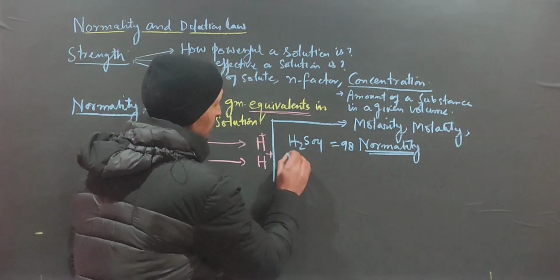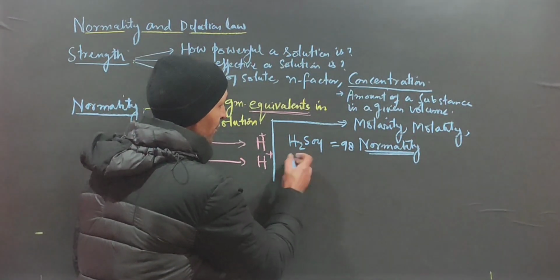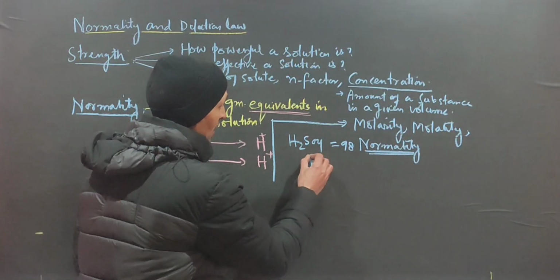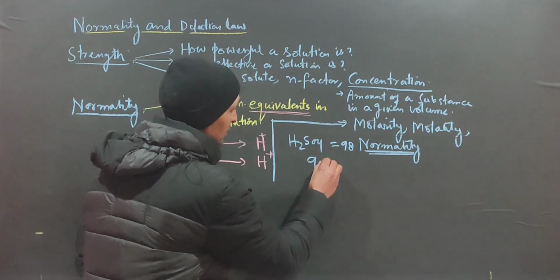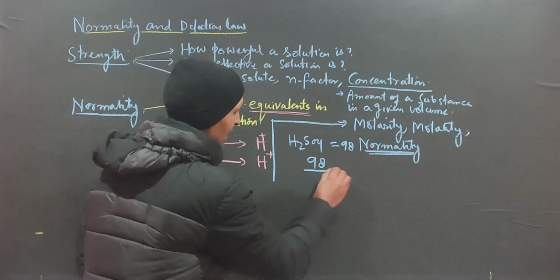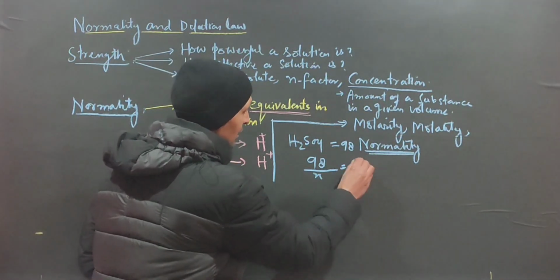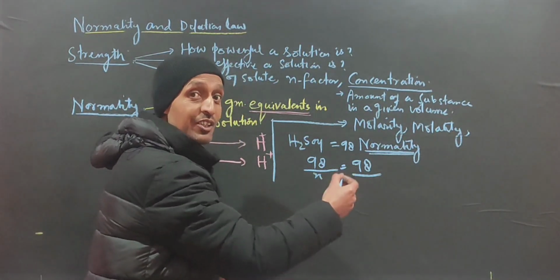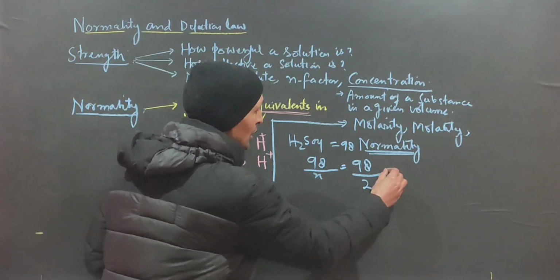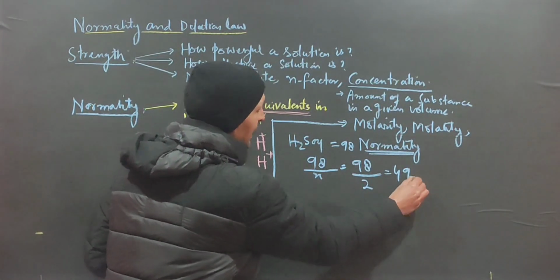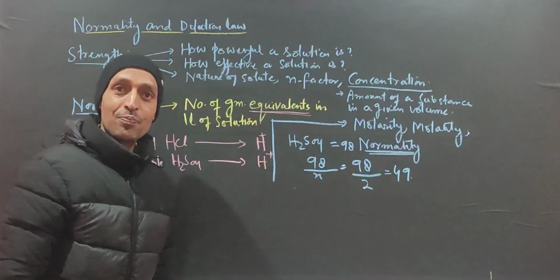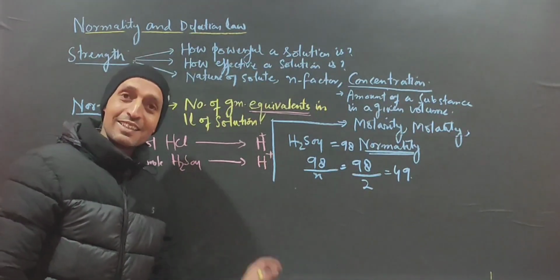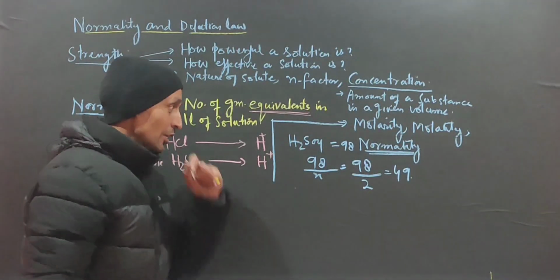Okay, so normality will be the molar mass 98 divided by n factor. What's n? N is the number of protons furnished by H2SO4, that's 2. So it will come out to be 49. That's the equivalent mass. So 49.